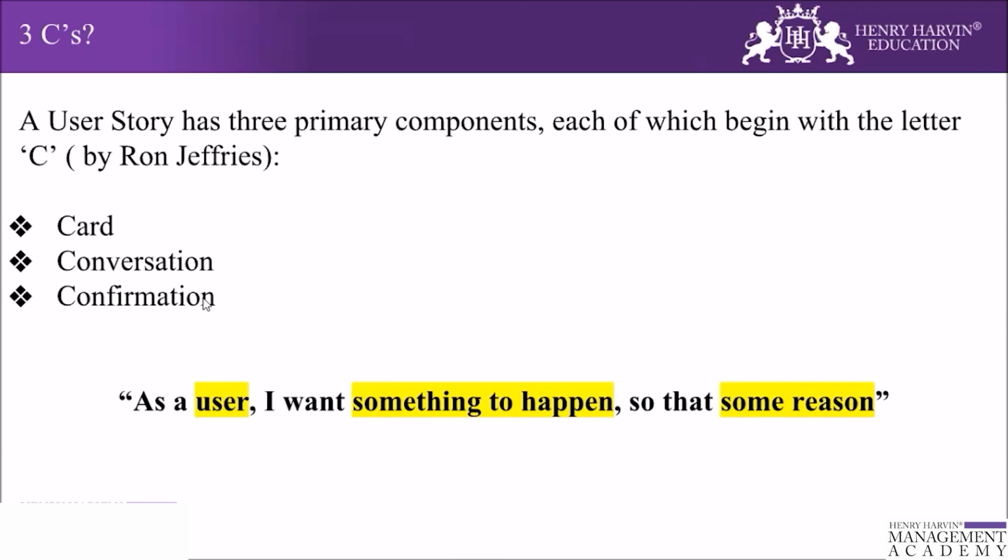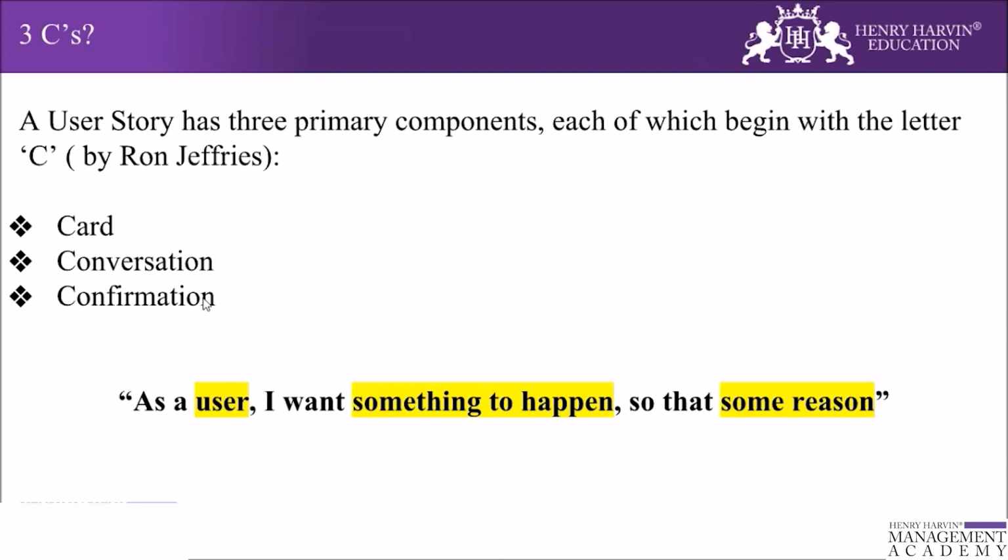So once there is a card and there is a conversation, the third part is the confirmation. The confirmation represents the acceptance tests, which is how the customer or product owner will confirm that the story has been implemented to their satisfaction.